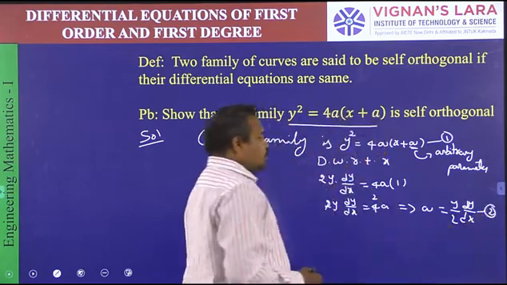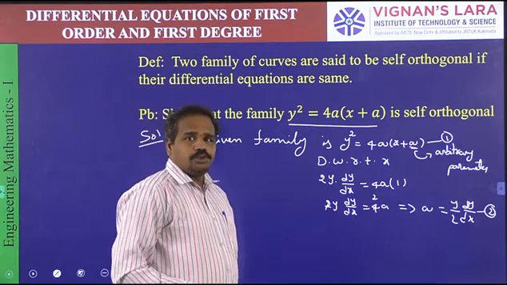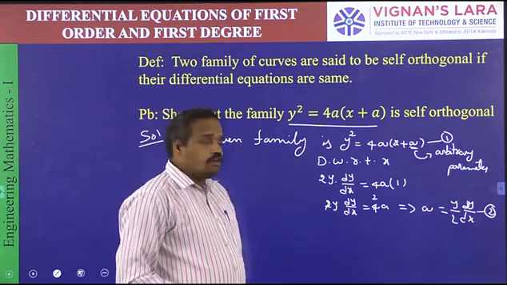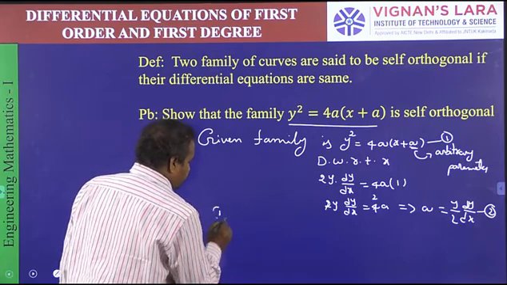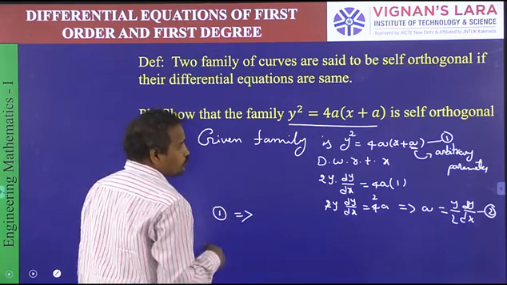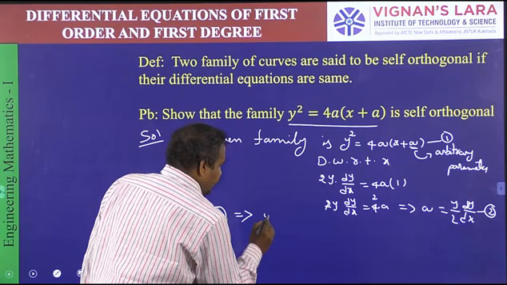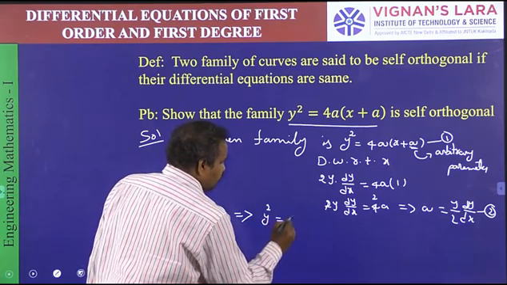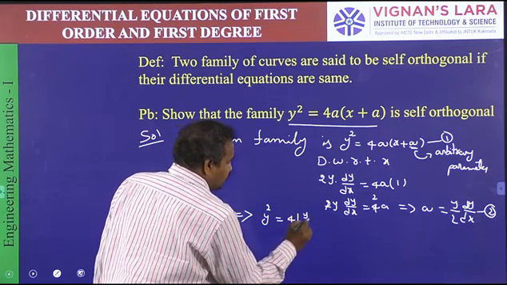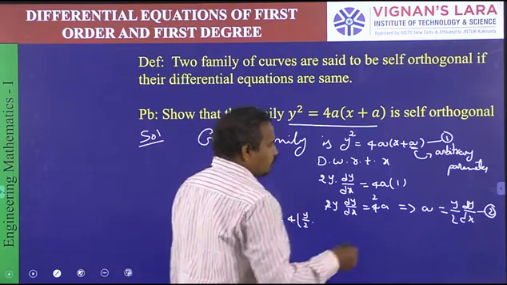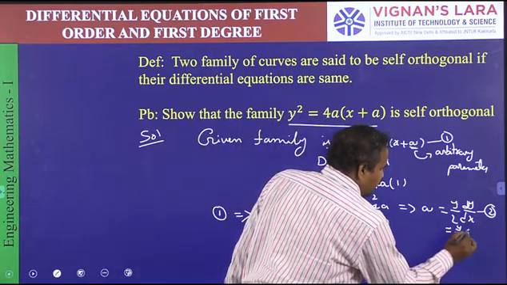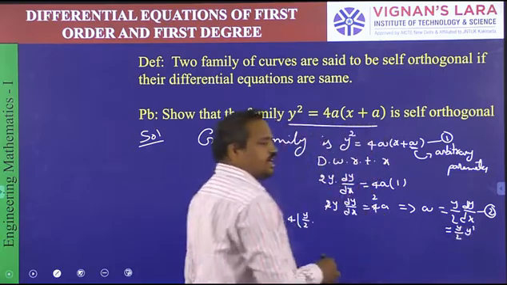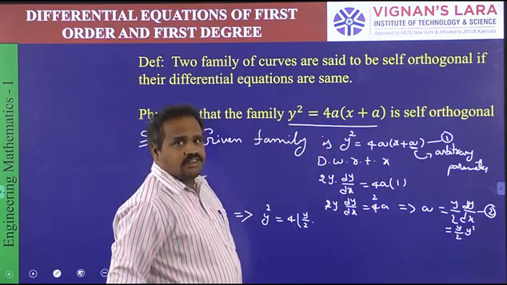Now we are using equations 1 and 2. We are eliminating the value of a. So use 1 and 2. From 1, y square is equal to 4 into a value, y by 2 into... See this. Here every time writing dy by dx becomes difficult, that's why I will rewrite that one as y dash.